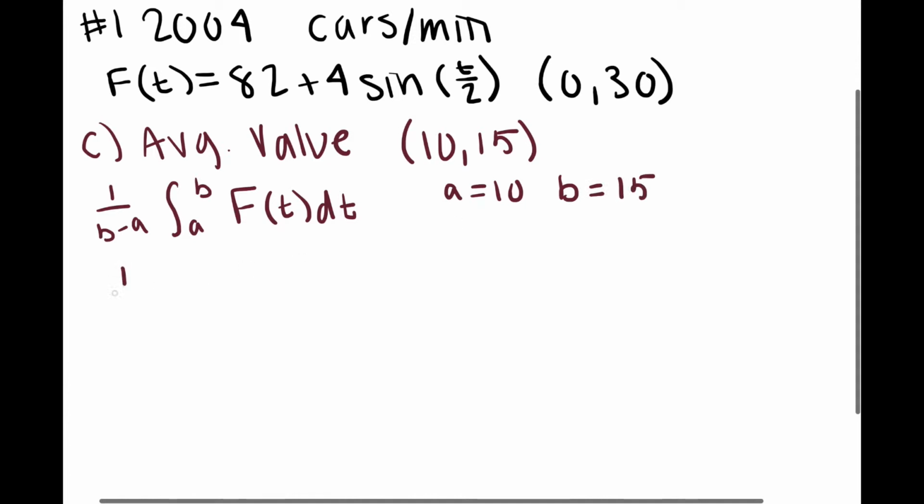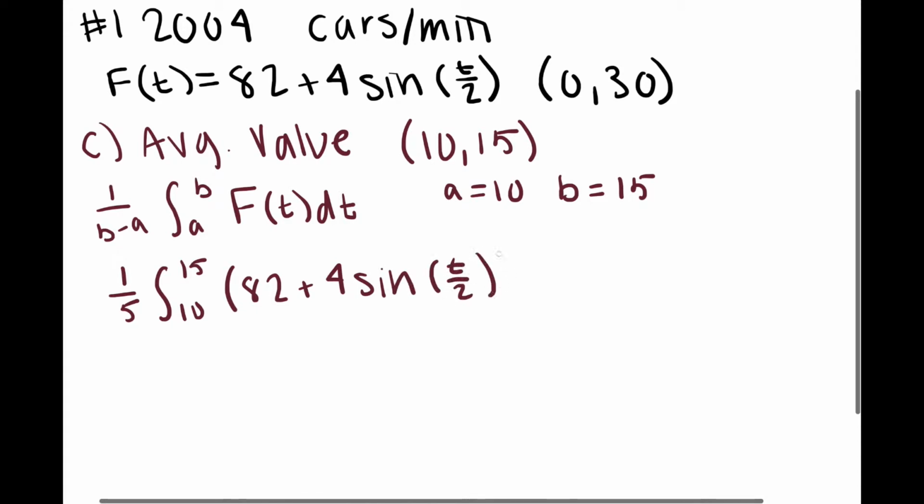When you plug that in, it will be 1 over 5 times the integral from 10 to 15 of 82 plus 4 sine of t over 2 dt. Now again, when you plug that into your calculator, you will get about 81.899. And the units will be cars per minute.